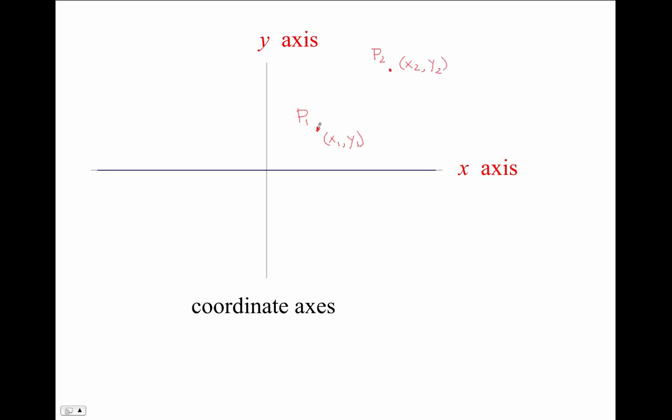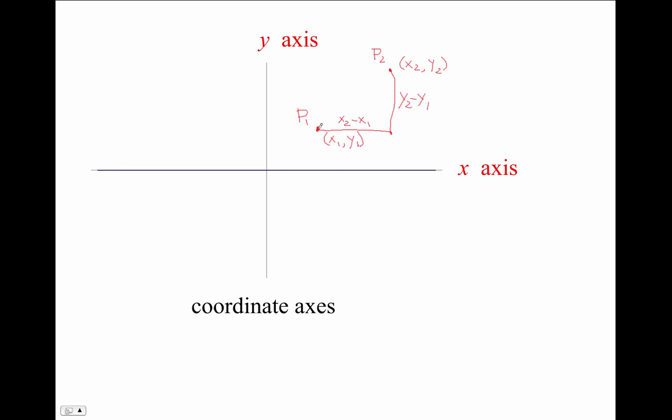Okay, to get from P1 to P2, I must move like this. How far? Well, that is x2 minus x1. And then I must move from here to here, and that distance is y2 minus y1.